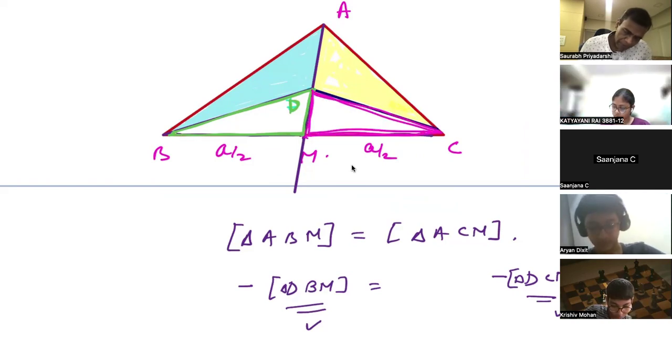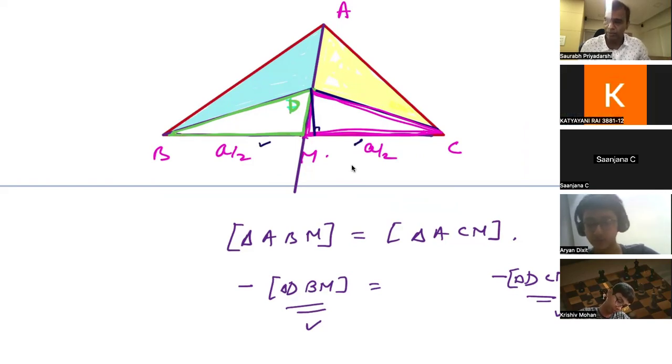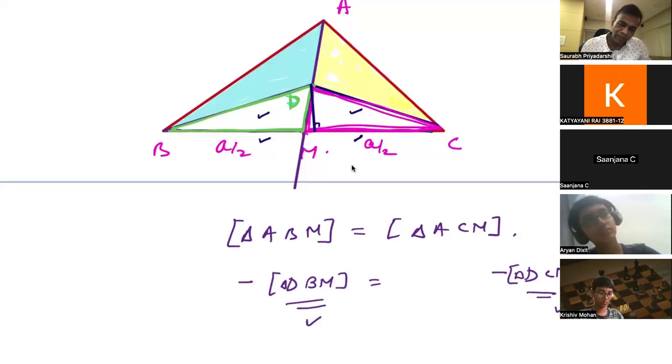If I draw a perpendicular from this, I hope this will be a perpendicular. The bases of both are the same and the height is also the same. Means both the areas will be the same. So if I subtract both the same areas, we'll get this area and this area will be equal. Yeah sir, that's what I was trying to say. Is this okay?